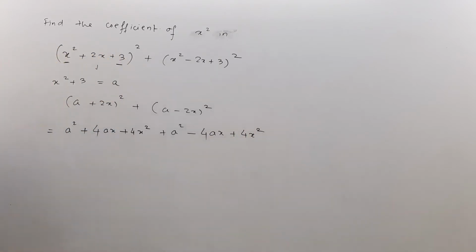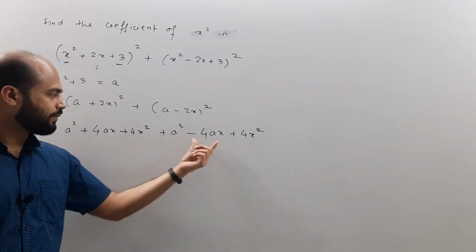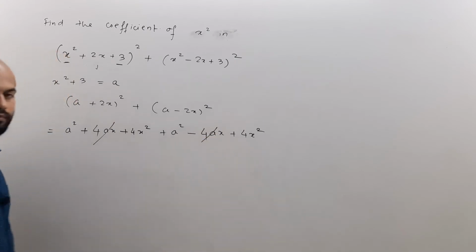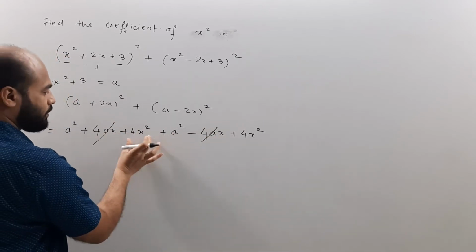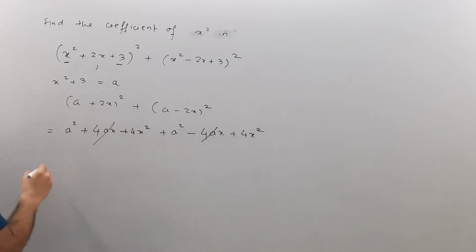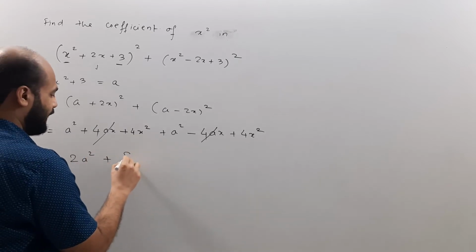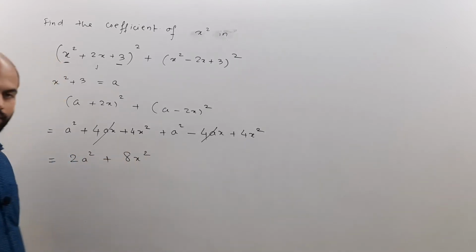This is what we get. Now I can clearly see that this middle term and middle term get cancelled. So we'll cancel it out, and what we are left with is these two terms of A square and these two terms of x square. So we'll club these terms to 2A square plus 8x square.